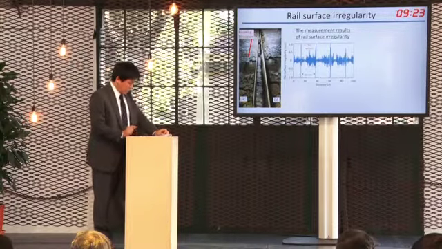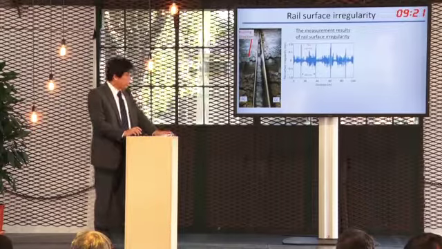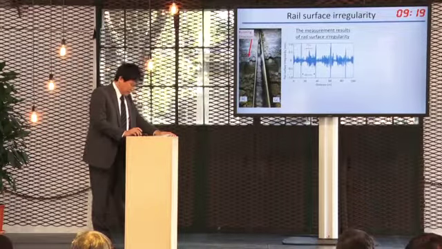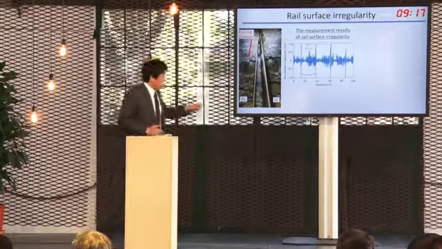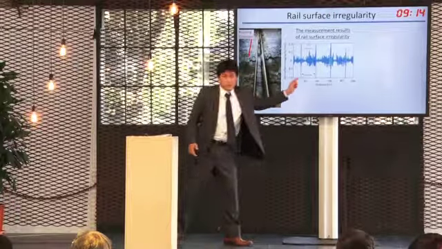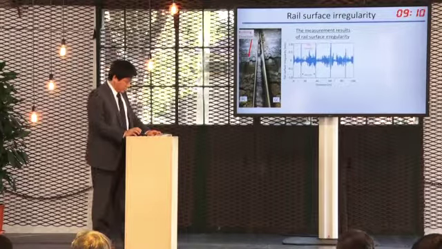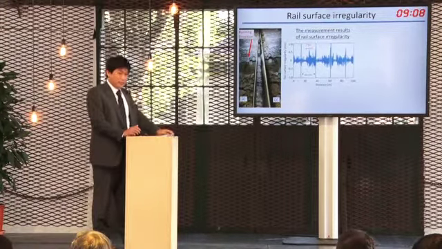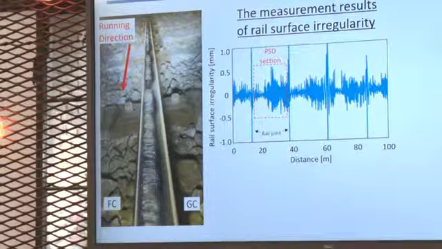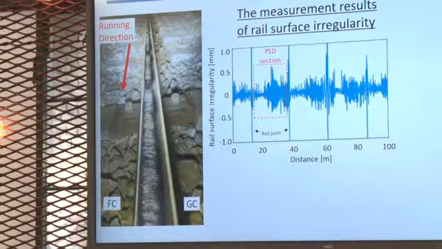As shown in these figures, the rail surface irregularity has changed complexly. Here, the saturation point of the measurement results at every 25 millimeter interval is due to the rail joint.